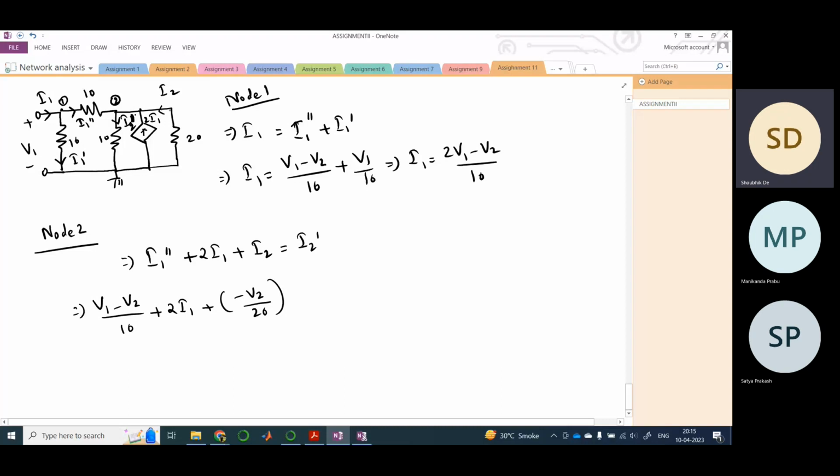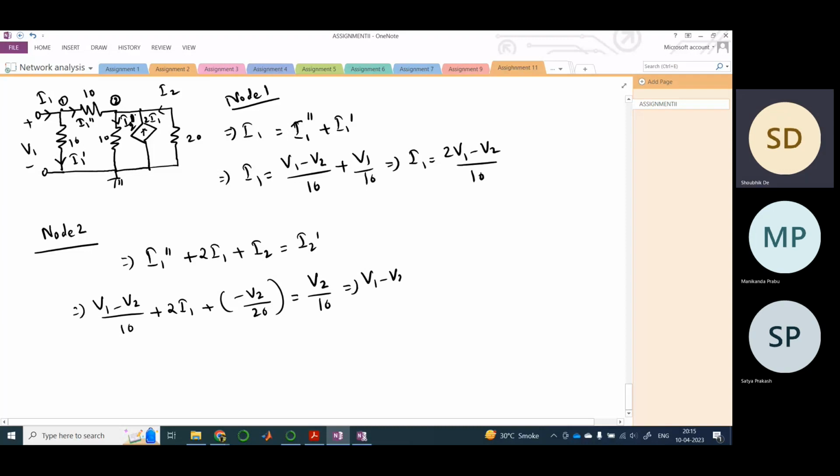I am assuming that the current is flowing into the 20 ohm resistor, and it should be like that only, right? Because here there is a current source, there is also a voltage source here, so it would be driving current into this 20 ohm resistor. So having said that, I am writing minus V2 here, and I2 dashed would be V2 by 10, because it's this current that is flowing through this 10 ohm resistor.